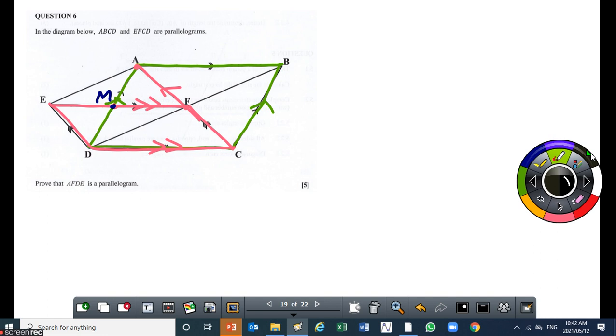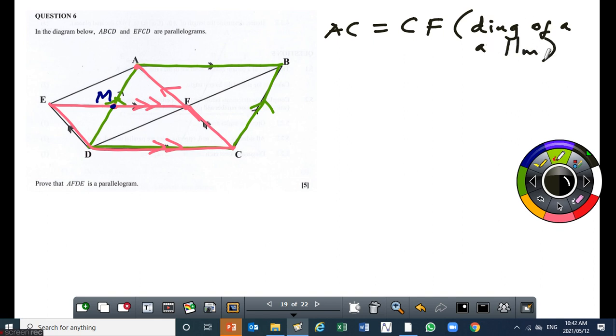So I'll say AF is equal to CF, and the reason here will be diagonals of a parallelogram.